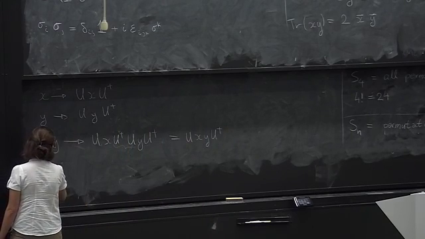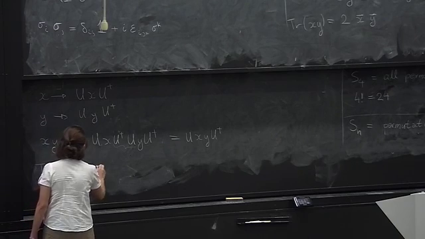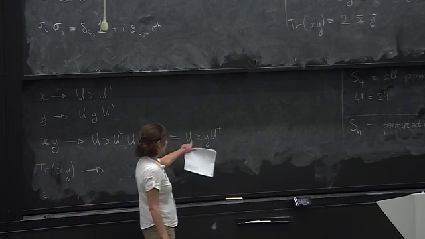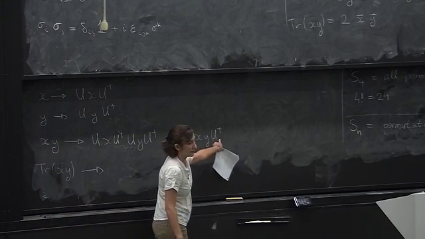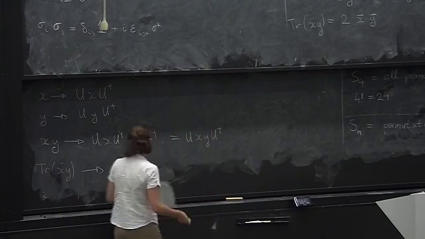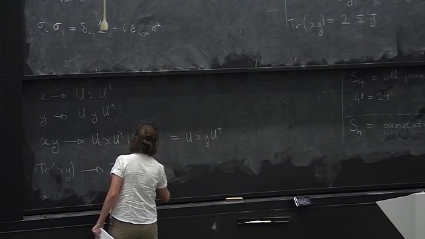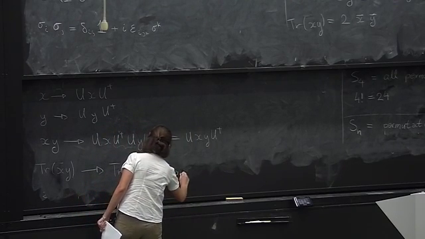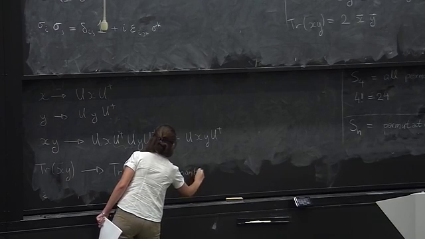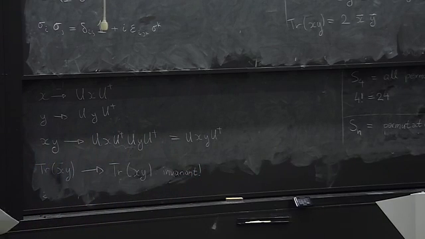And it's not hard to see that the trace of the product will go to the trace of u x y u dagger, but in the trace I can rotate matrices. So this is just the trace of x y, and it is invariant. Which means that the scalar product of the two vectors is also invariant.